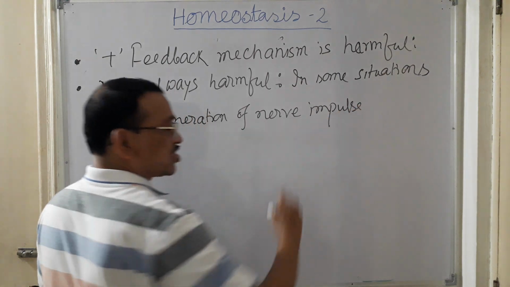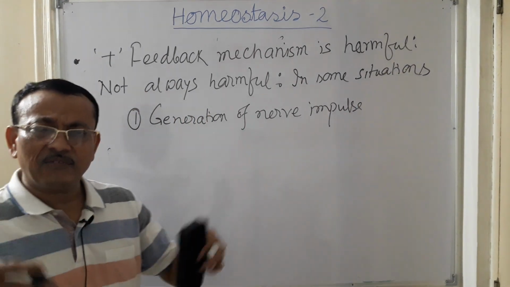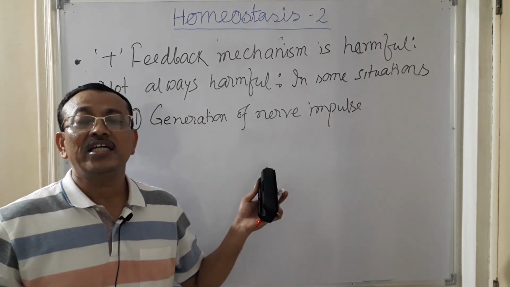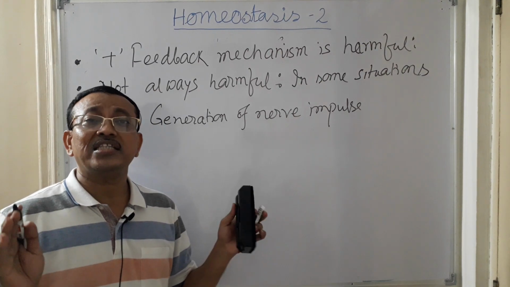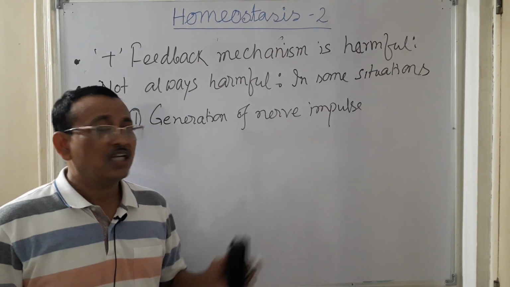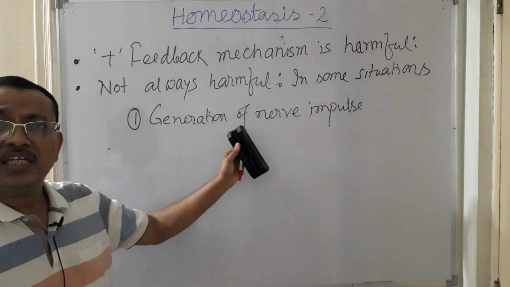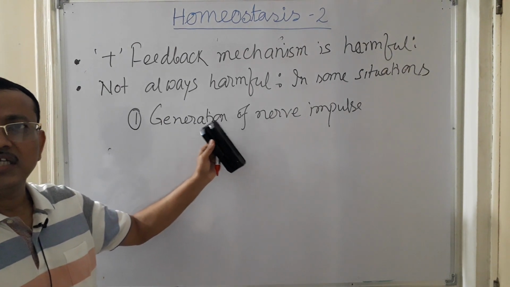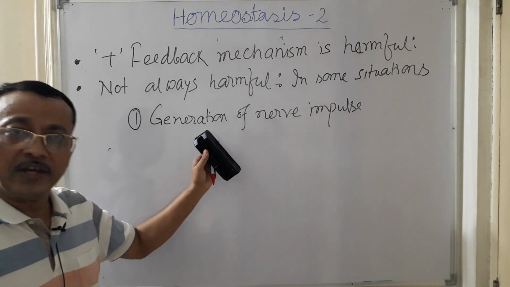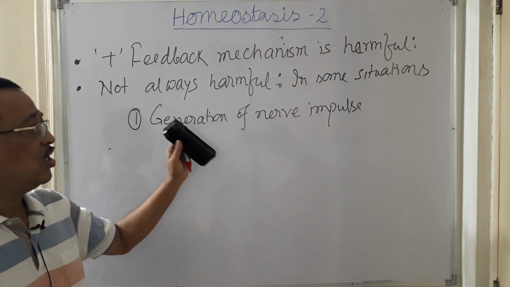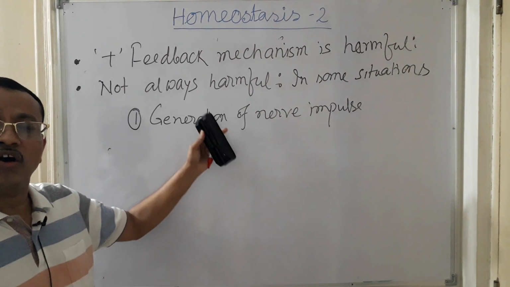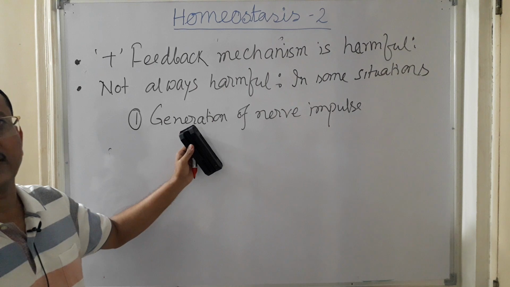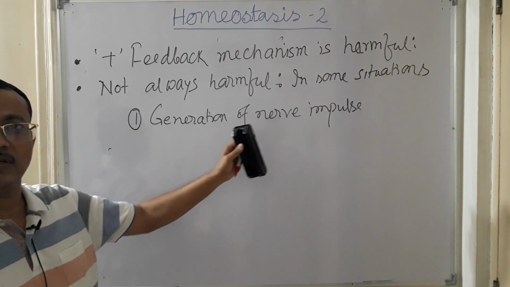Nerve impulse generation, on which the entire functions of the body are controlled, especially the neural functions. So it cannot be termed as a harmful effect. It is the beneficial effect which is going on by the positive feedback mechanism. So this is number one example.